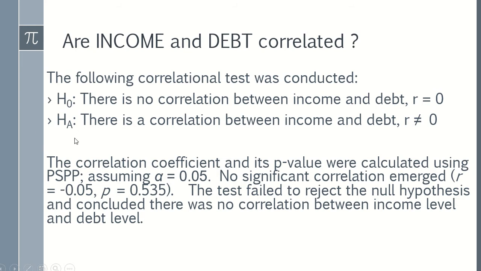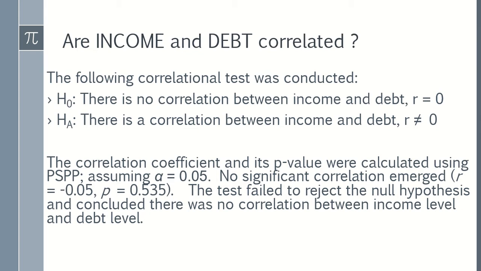The alternative hypothesis says that there is a correlation between income and debt and that the correlation coefficient is different than 0. We found the correlation coefficient to be negative 0.05. So there seems to be a weak negative correlation.